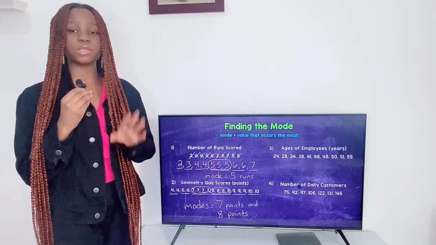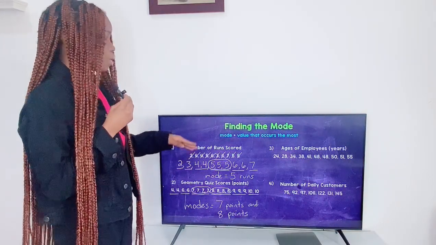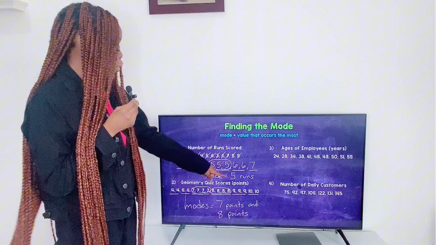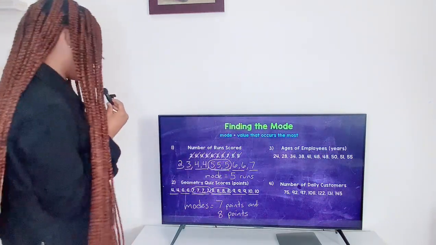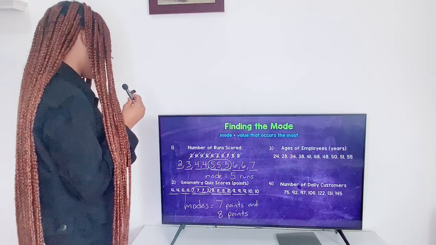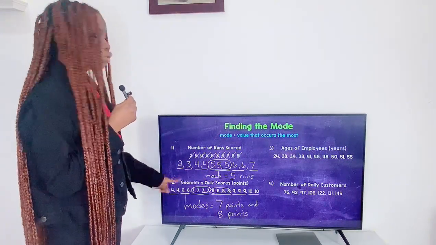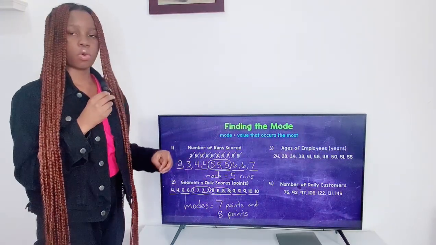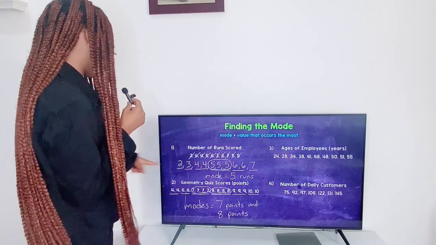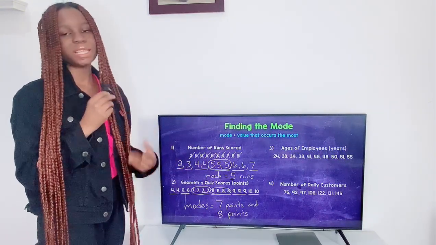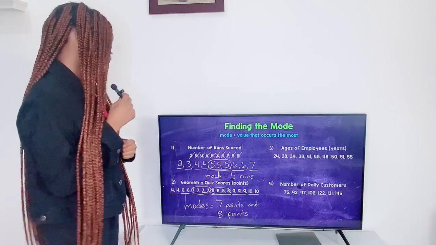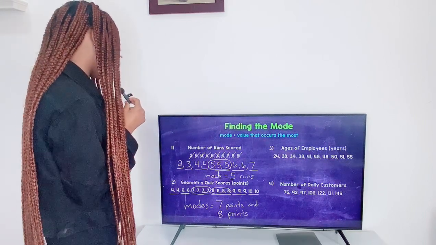All right, so the next one says geometry quiz scores. How many points did the kids get in their geometry quiz? Now we have 2 4s, so 4 occurred twice. We have 2 6s, so 6 also occurred twice. But let's see if we can go higher than that. We have 7.